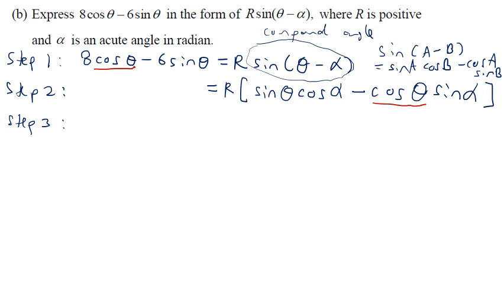So what is the other part, other than cos theta, that we want to compare? If you notice, on the left side we have 8, and on the right hand side here we have negative r and also sine alpha. So we equate this one.